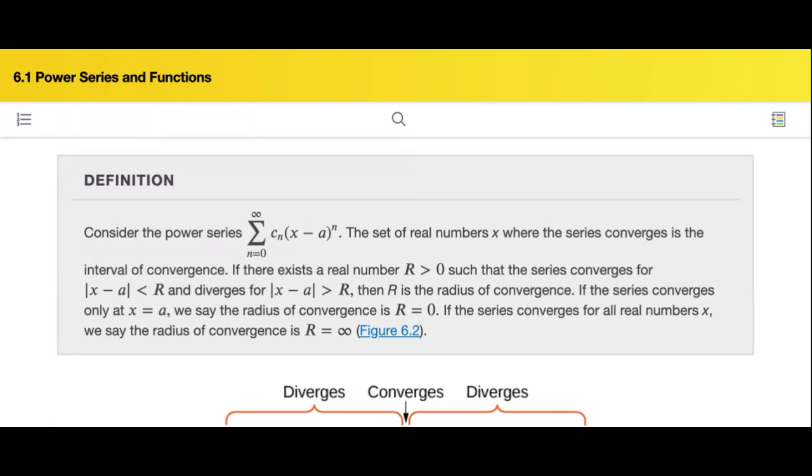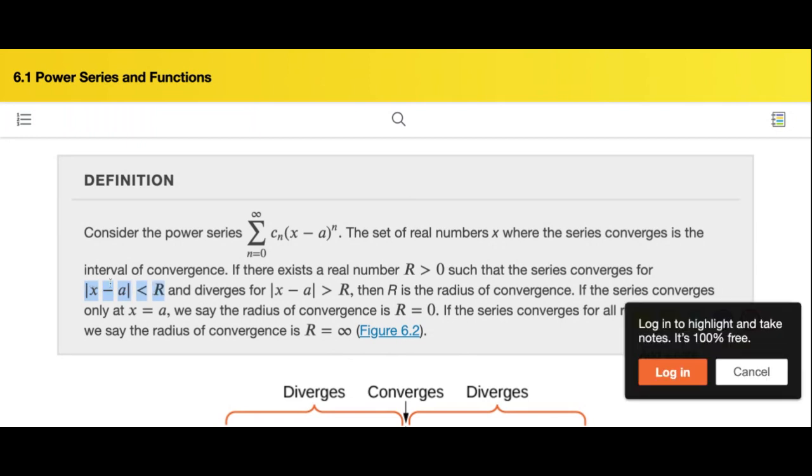If the series converges for all real numbers, the radius of convergence is infinity, because it converges at any real number. So these are some definitions, and the radius of convergence is new to us. If we have the absolute value of x minus a less than R, this R we call the radius of convergence.